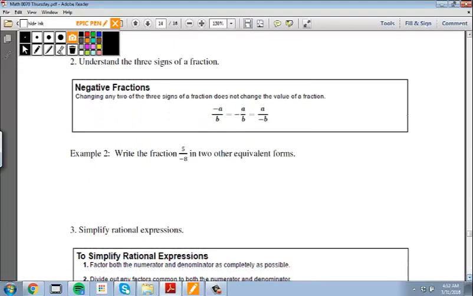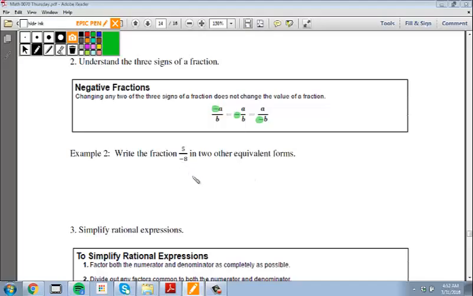199. Understand the three signs of a fraction. So just remember again, I know that I say this a lot, that the negative on a fraction can be on the top, the numerator, right next to the fraction bar, or underneath in the denominator. As long as there's one negative somewhere, the whole fraction is negative. So if I want to have 5 over negative 8, I can write that in two other equivalent forms.